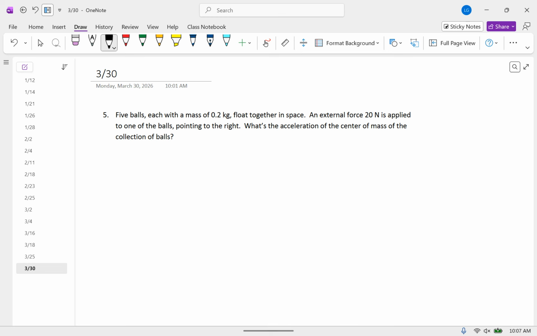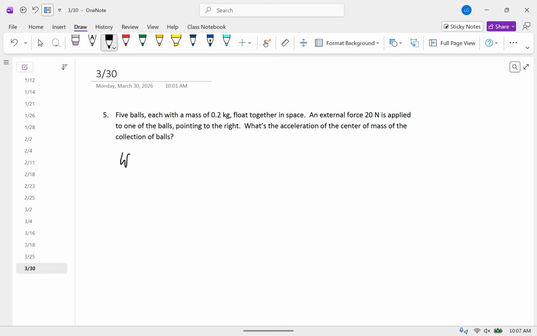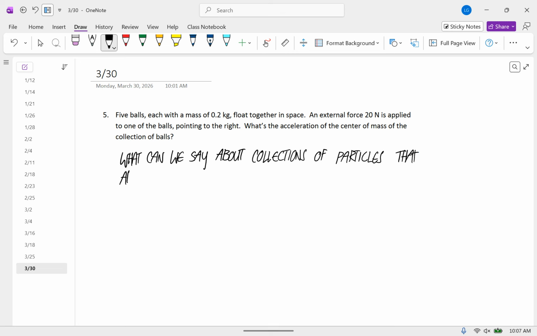What can we say about collections of particles that are not organized into a rigid body?